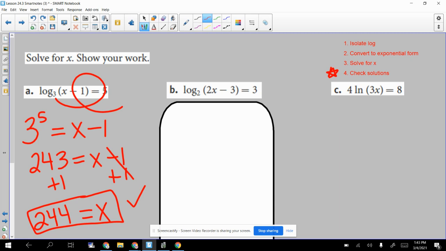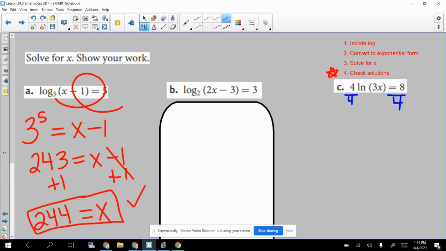Okay. Then let's take a look at part C over here. You guys are going to do part B. So part C, this is your logarithm, so the natural logarithm of 3x. So that 4 out front, we need to get rid of it in order to isolate. So this is 4 times the natural log, so we're going to divide by 4 on both sides.